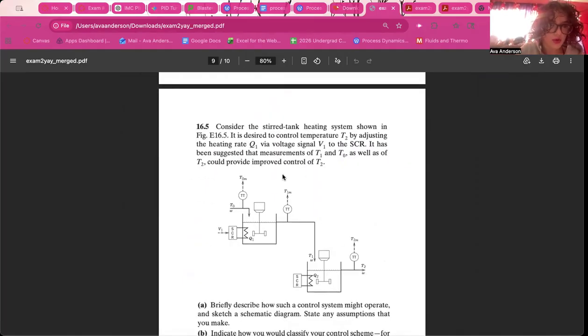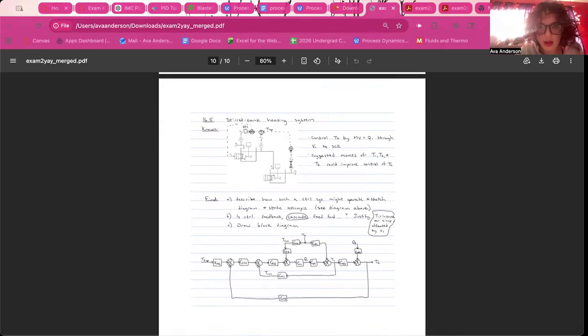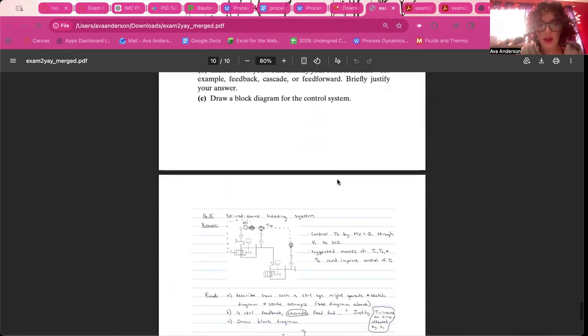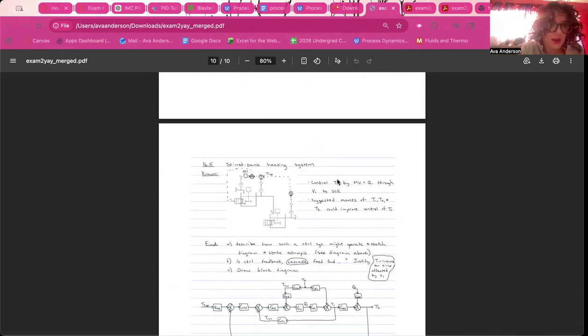We're wanting to control the final temperature, which is T2 down here. This has the controllers also listed into it based off of this. And we're adjusting T2 by adjusting the set point, which is T1 SP of the T1 controller.